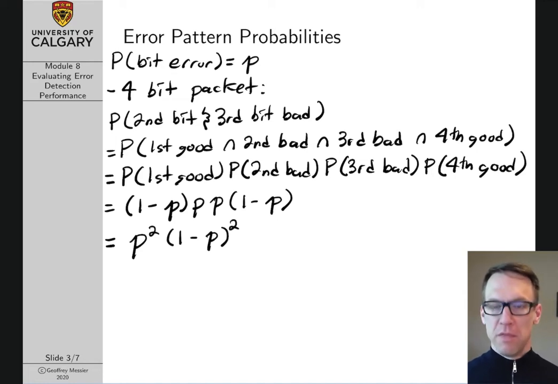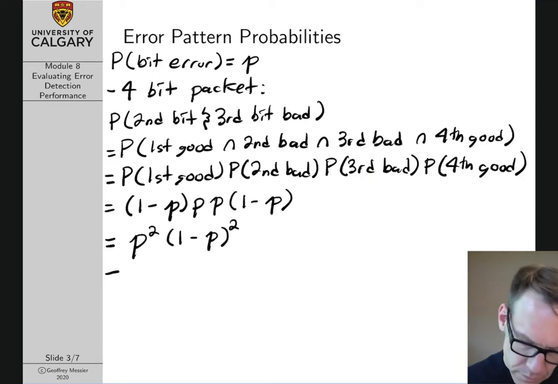The way that we calculate this is by using the combination formula. You can imagine us choosing a certain number of bits from the packet that would be in error. We can use the combination formula because it doesn't matter what order we select the bits. For example, if the first 2 bits are bad, it doesn't matter if I choose the first one as bad and then the second one, or the second one and then the first one.